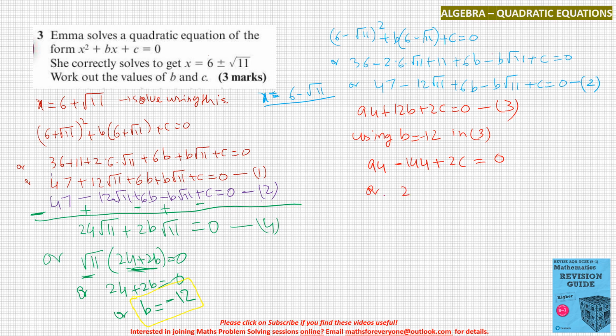Or I get 2c equals 144 minus 94, that is 4 minus 4, 0, 4 and 9 is 5. So I get c equals 25. So that's all then. c is 25, b is minus 12, and that is your answer. That's what we are supposed to do. So that completes this exercise. Hope it helped. Thank you for your time. Bye.